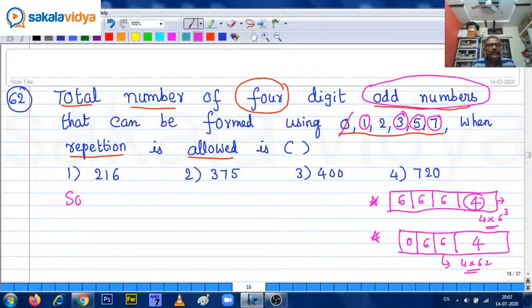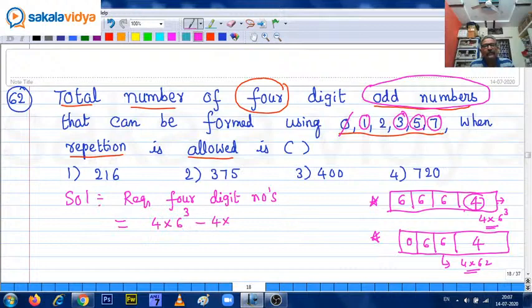So the required 4-digit numbers equal 4 into 6 cube minus 4 times 6 square. Take 4 into 6 square common. We get 6 minus 1. That means 4 into 36 into 5.